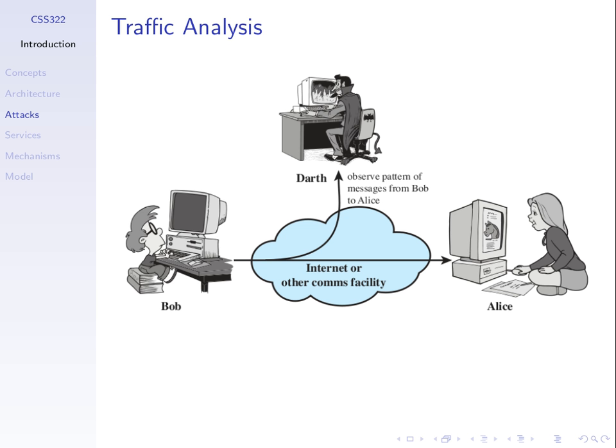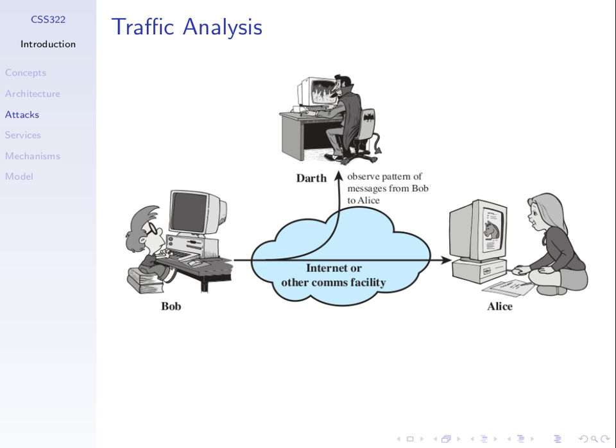Another example is what, say, law enforcement may use. If this is a law enforcement agency and Alice is instead a known terrorist, and the law enforcement agency monitors who is communicating with this known terrorist, at what points of time, what days, how often, and perhaps if the communications with this known terrorist rapidly increase, then the law enforcement agency may do something about it.